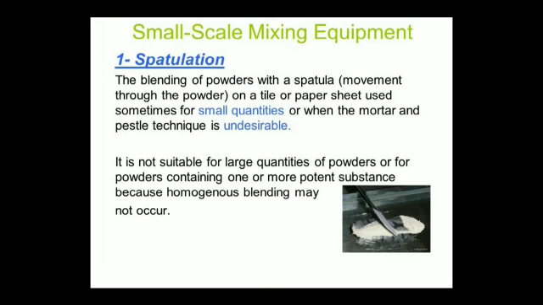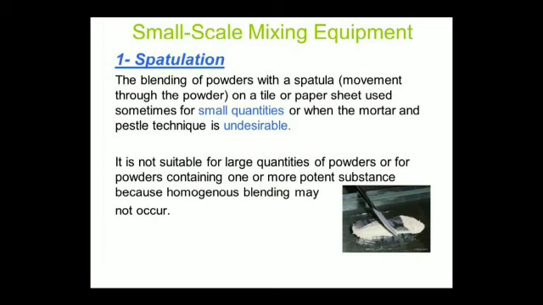The blending of powder with a spatula on a tile or paper sheet is used for small quantities, sometimes using a mortar and pestle. This is not desirable. This spatulation process is used for small scale industries.